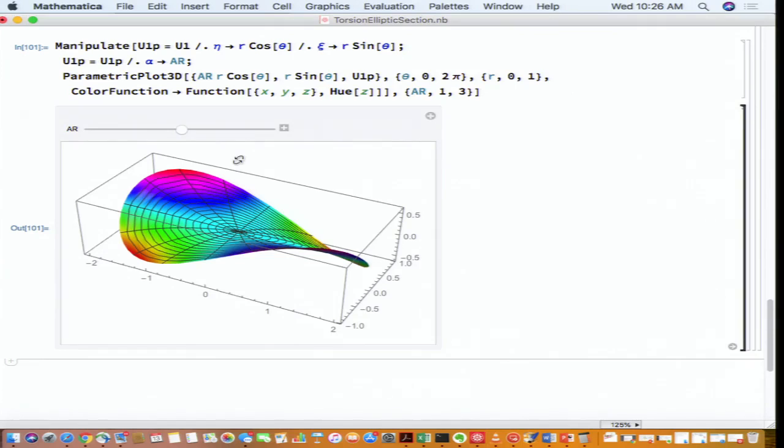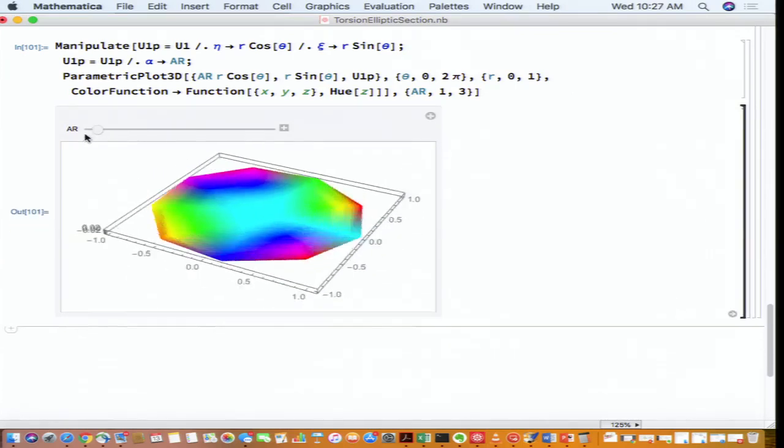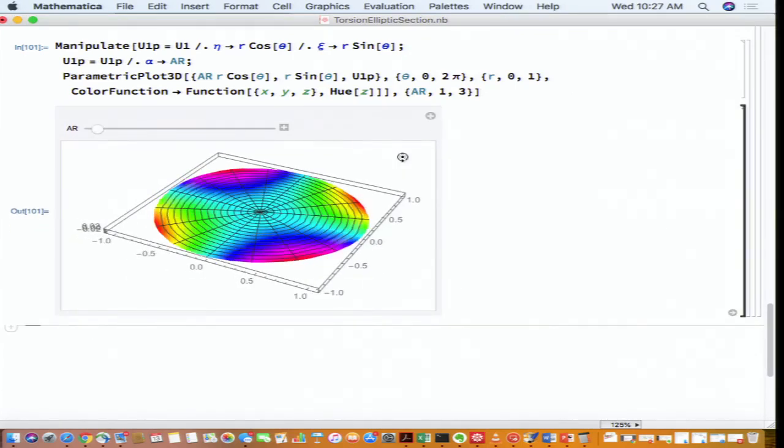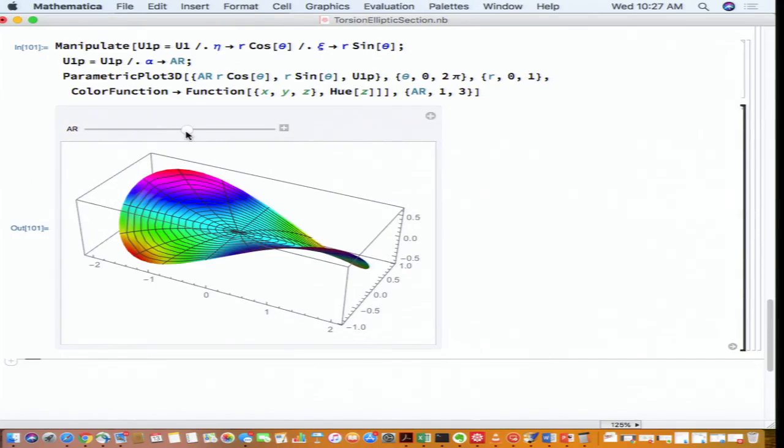That's what we solved in class. If it was a circular cross section, there is no warping out of plane. Even after deformation, it remains flat, whereas when you take an elliptical section, there is going to be warping in and out of plane, and the anti-symmetric solutions, so positive, negative, positive, negative, cause a potato chip like formation.